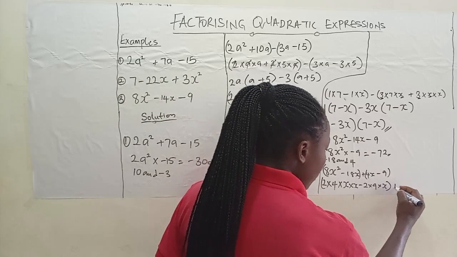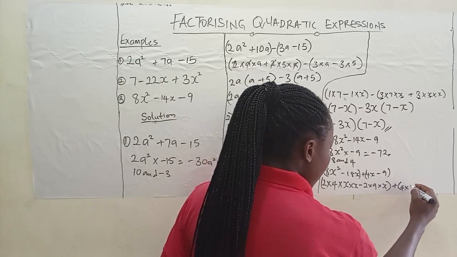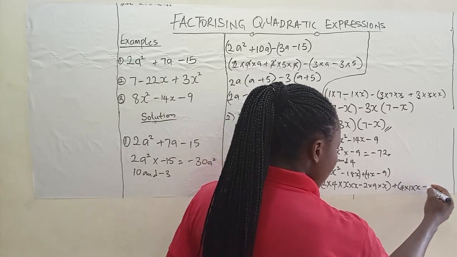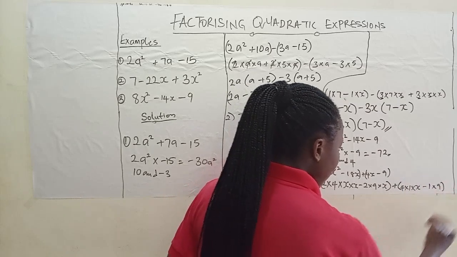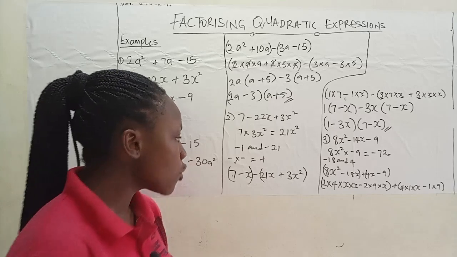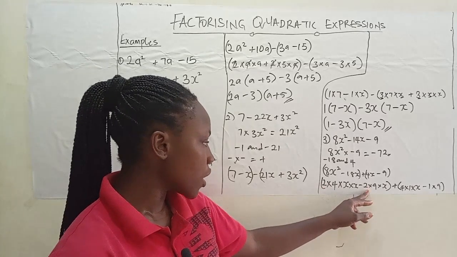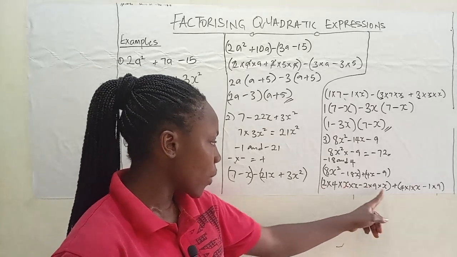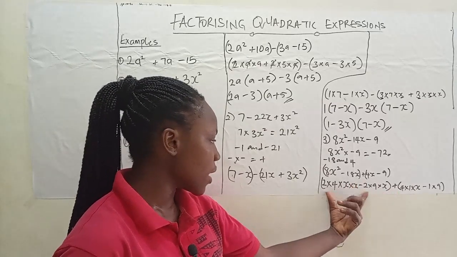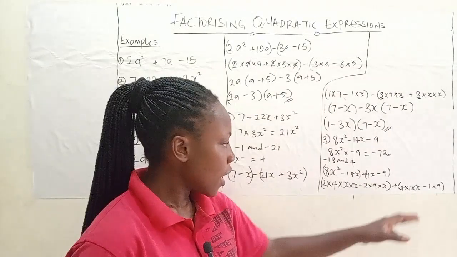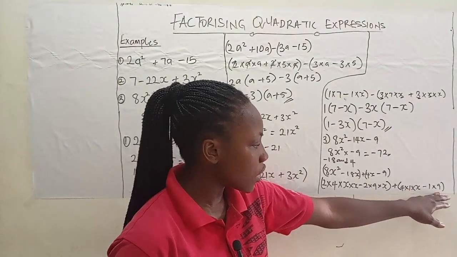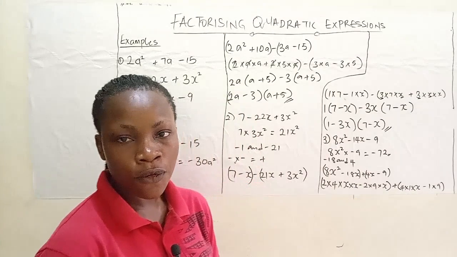Equally here we have 4 times 1 times x minus 1 times 9. If you watch here, we have 2 here, we have 2 here. And we equally have x here and we have x. So the common factor here is 2x. Likewise, we have 1 here and we have 1 here, making it the common factor.